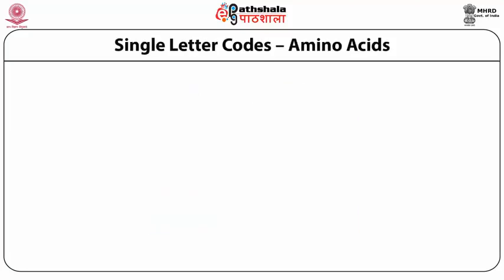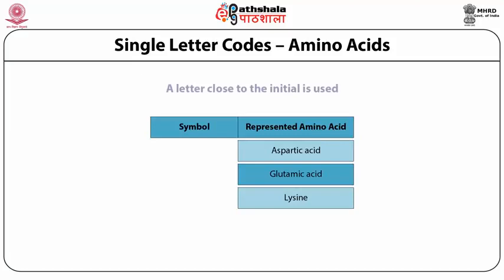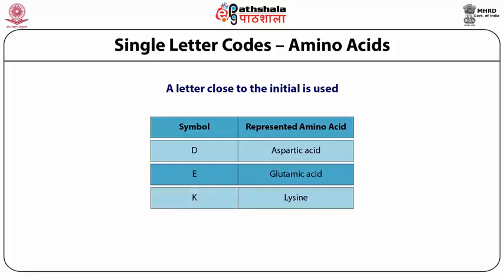For 3 amino acids, that is aspartic acid, glutamic acid and lysine, a letter close to the initial is used for their code. For example, D is near to A, therefore it is used for aspartic acid. E is near to G, therefore it is used for glutamic acid. K is near L, therefore it is used for encoding lysine.